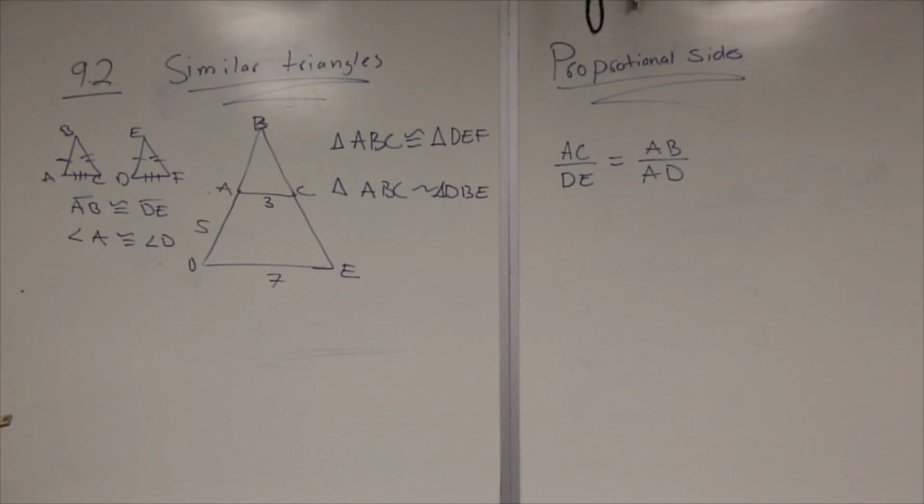Now, what they're going to ask you on this worksheet about this triangle right here is, what sides can we figure out? We have certain numbers. Line segment D and E is 7, line segment A and D is 5, and line segment A and C is 3. Okay? And it's going to ask us which measurements can we figure out.